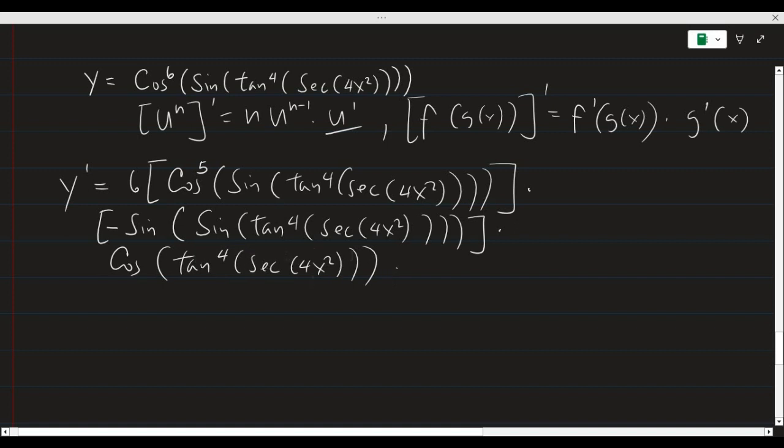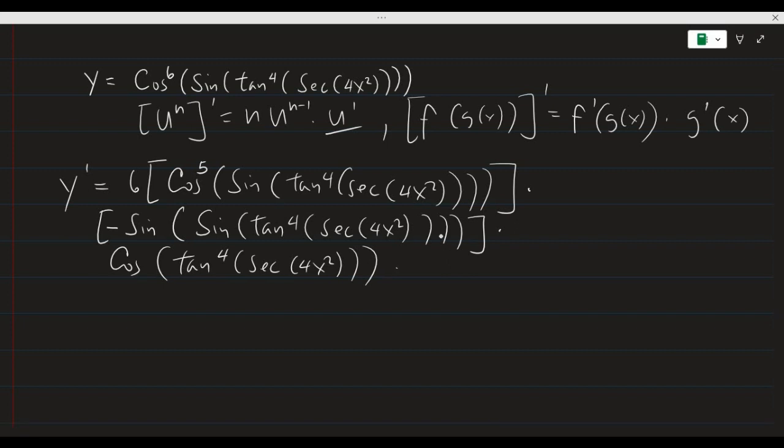The inside function is tangent to the fourth of secant of 4x squared. Since this composite function contains exponentiation, we must apply the power rule first.